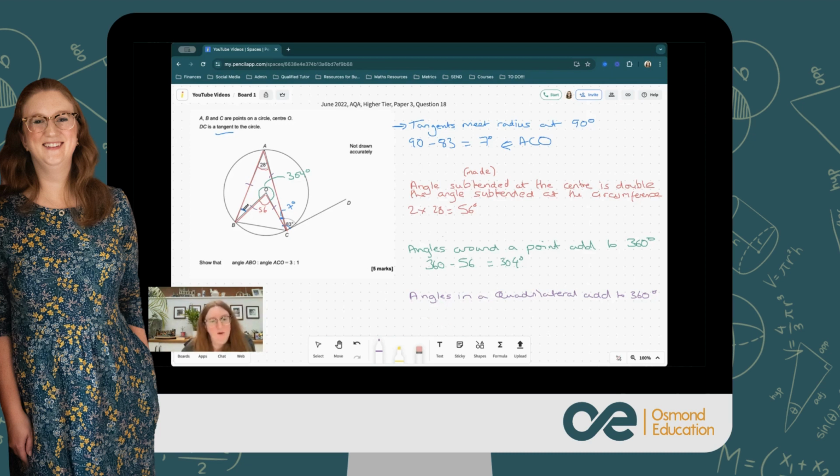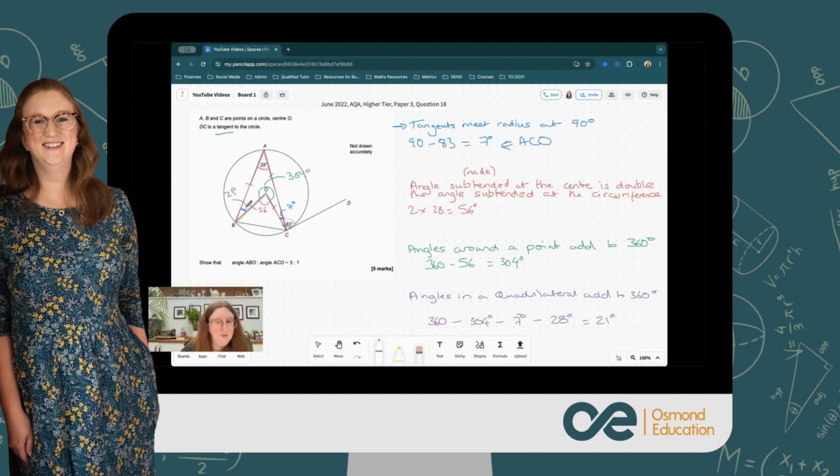So I can work out what this last missing angle here is by doing that subtraction. 360, take away the 304, take away the 7, and take away the 28 degrees. And that will tell me what I've got left in this corner. This here then is 21 degrees. You can check that in a calculator. It is a calculator paper 3, so that's okay.